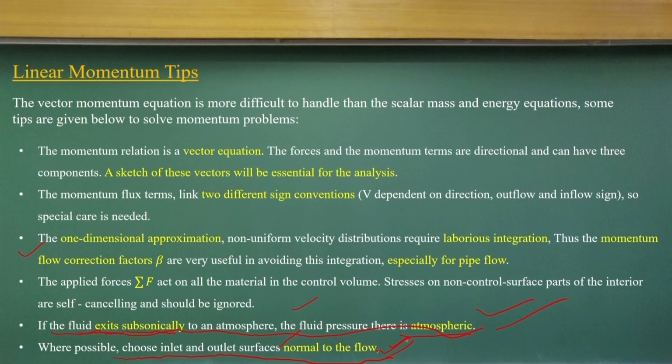And the last point, which I already discussed, is that we always choose the control surface in such a way that the normal vector and the velocity vector have an angle of theta equal to 0 or theta equal to pi. That is the main tip before applying the linear momentum equation. Remember, it is very easy to solve complex problems if you consider an appropriate control volume and clearly note your assumptions.